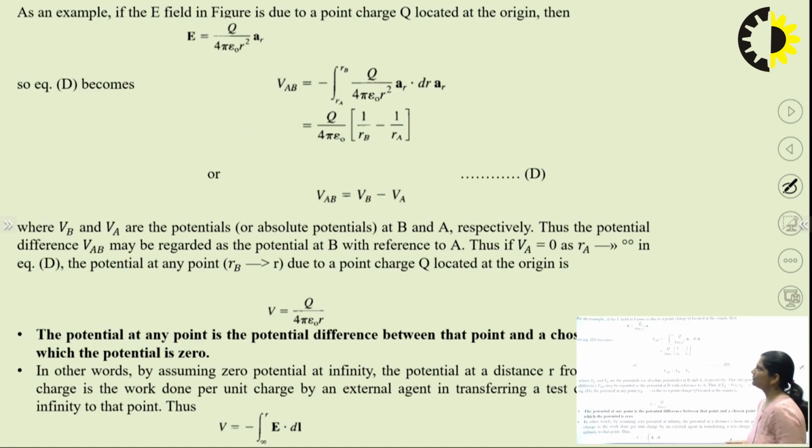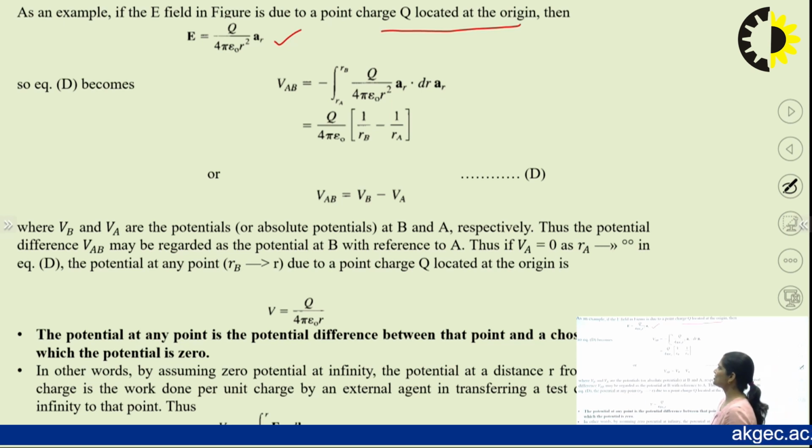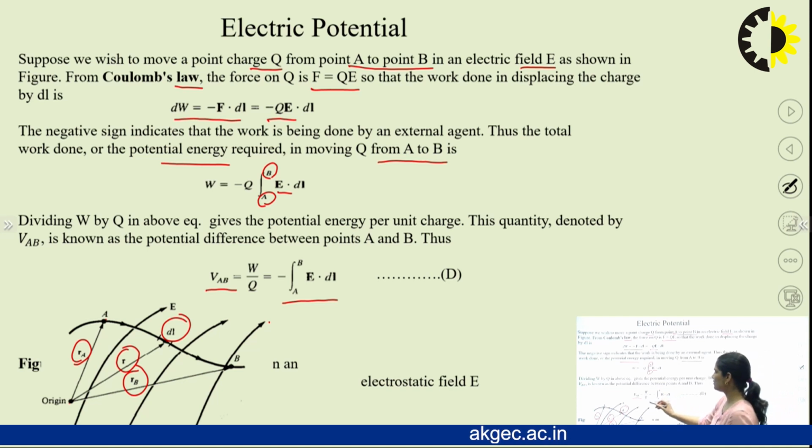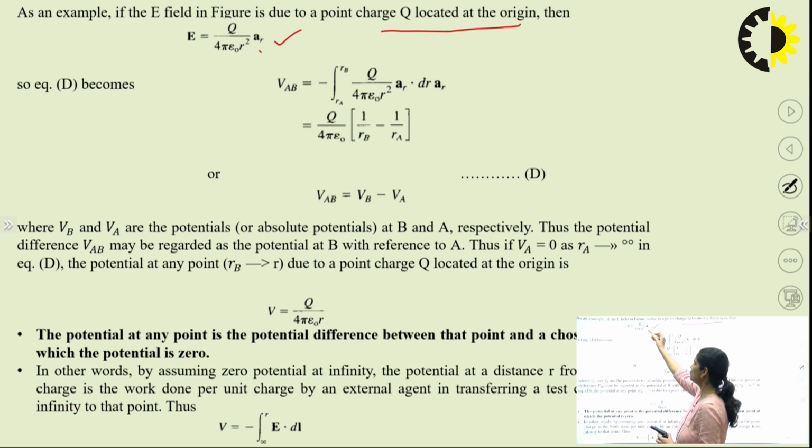Now the electric field in this figure due to point charge Q located at the origin is equal to what? E is equal to Q upon 4π ε0 r² unit vector of r. Now from this equation, as we have done, VAB is equal to minus integration A to B of E dot dl. So put the value of E here, Q upon 4π ε0 r² unit vector of r.